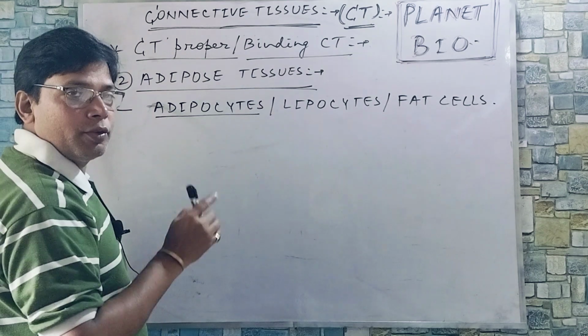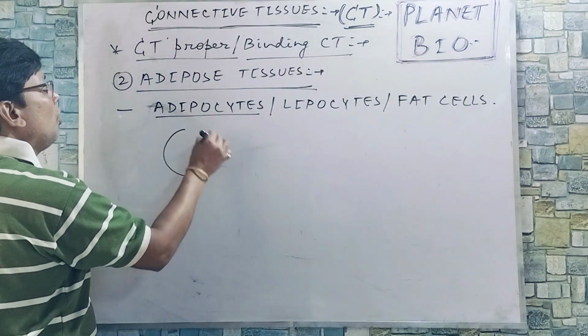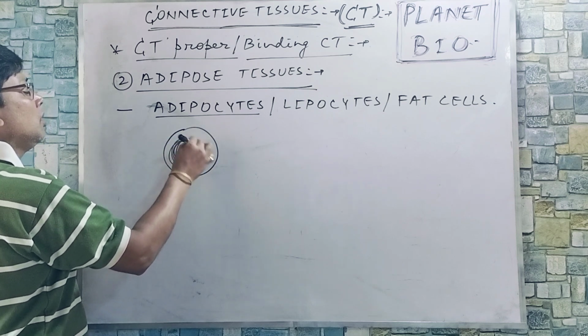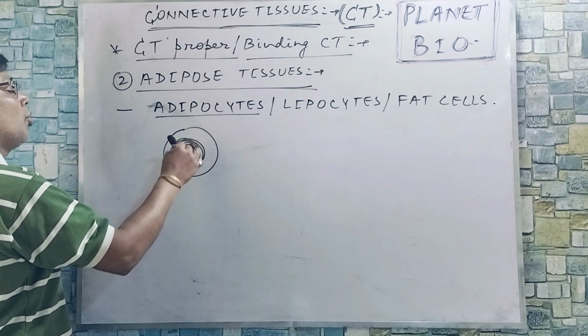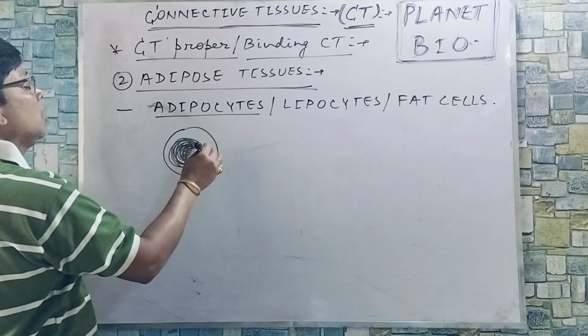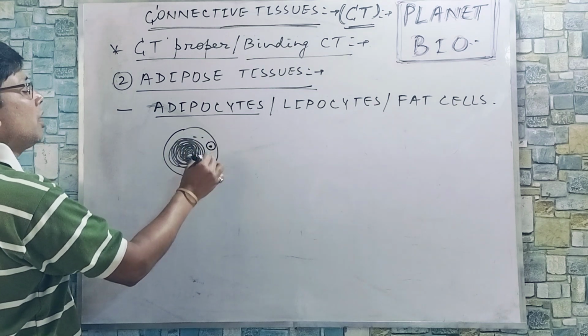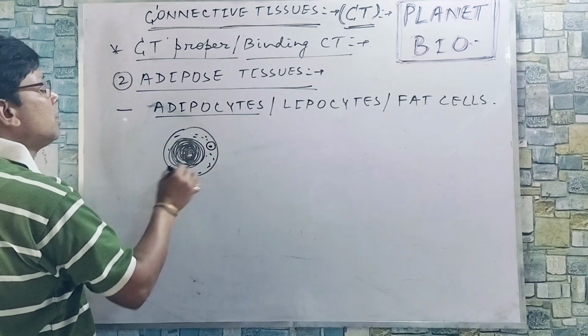Adipocytes may be of two types. One is with a huge, large fat droplet or globule. Thus, the nucleus becomes eccentric and the cytoplasm becomes eccentric.